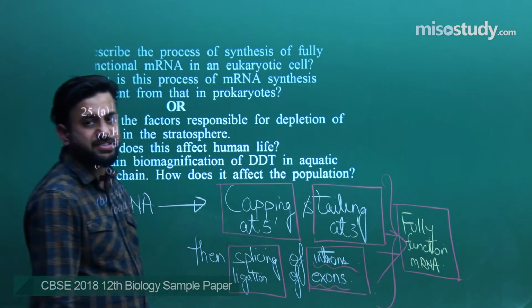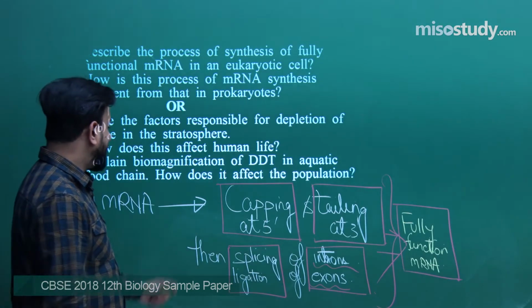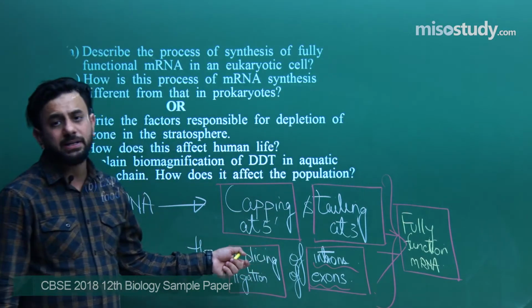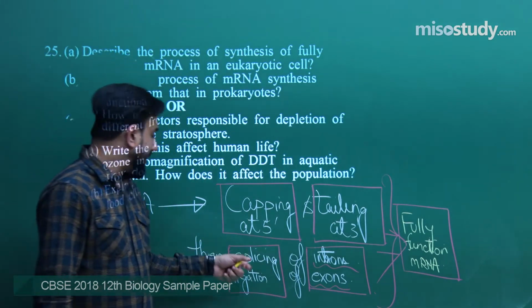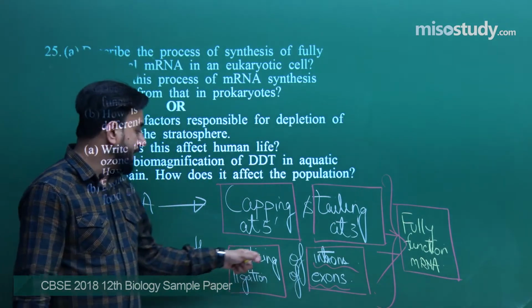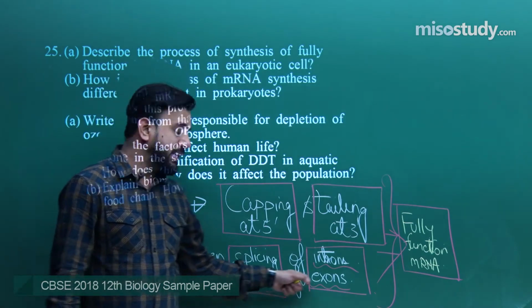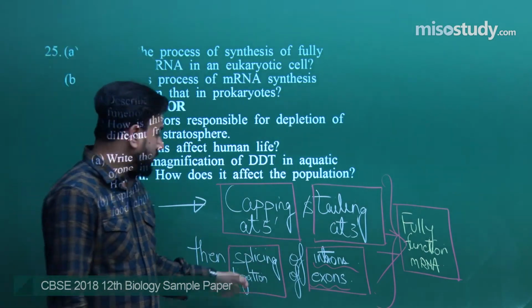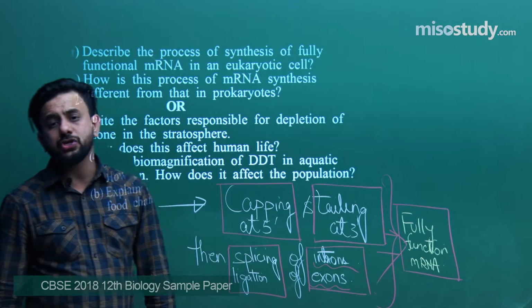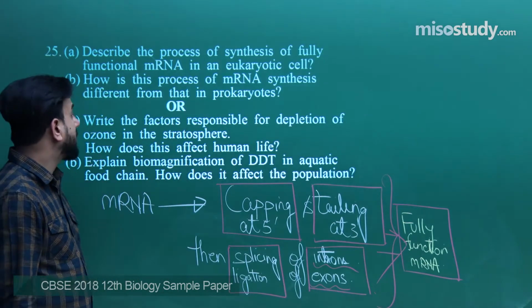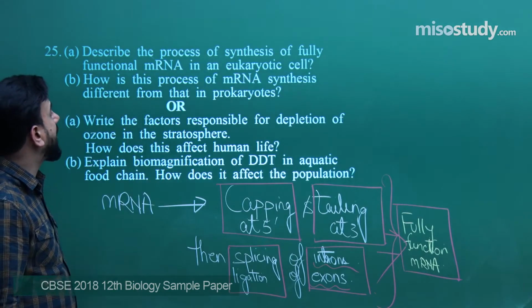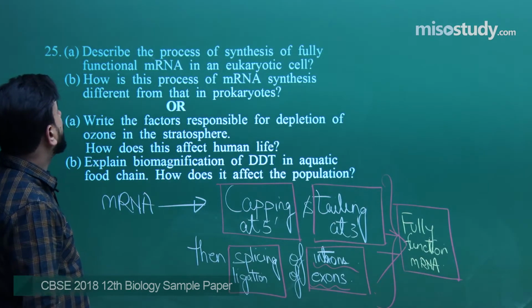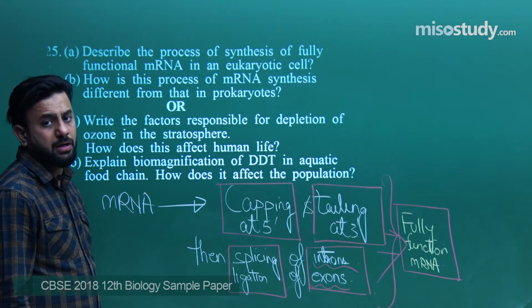After both these processes, that is, the mRNA undergoes capping at the 5' end, tailing at the 3' end, then the splicing of the introns and ligation of the exons, finally the fully functional mRNA will be formed. So this is how we describe the process of synthesis of fully functional mRNA in a eukaryotic cell.